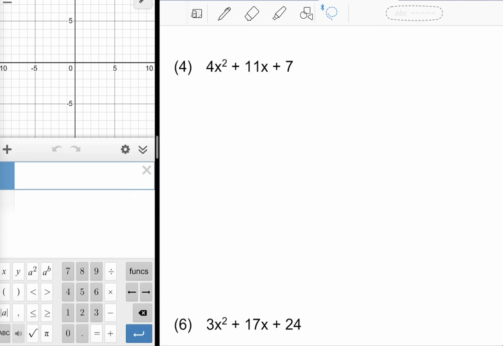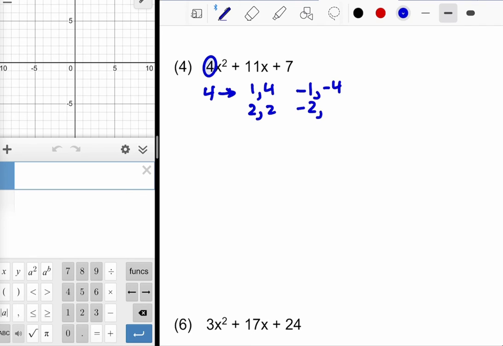All right, so looking for the factors of 4. That's 1 and 4, -1, -4, 2 and 2, -2, -2.